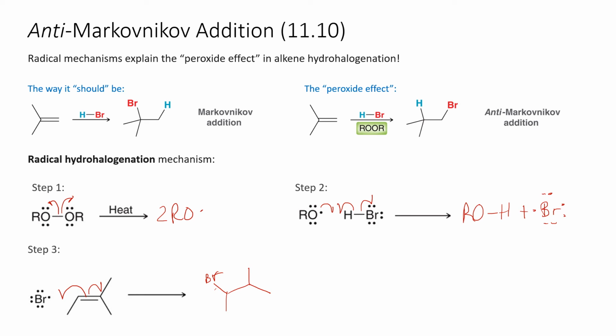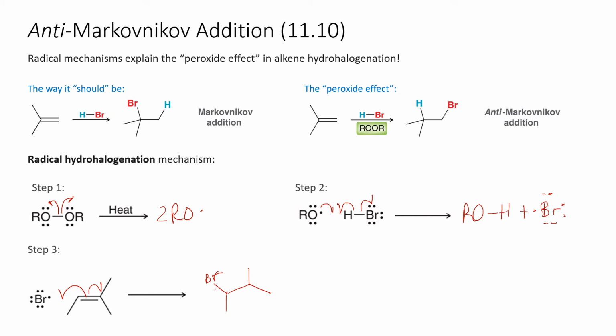So once we get that, here, we have that bromo radical that adds to the pi bond, so giving us a stable carbon radical.